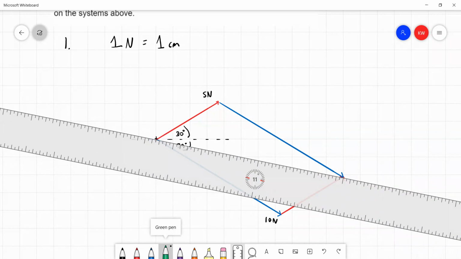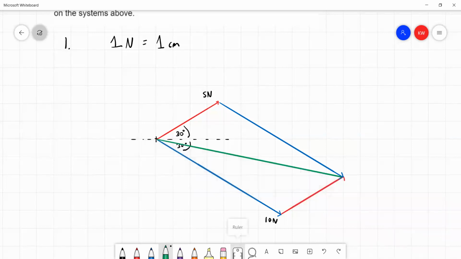So I'm going to draw a line across the screen here, starting at this point. And so this is our resultant, because it is the result of following the red line then the blue line, or the blue line then the red line. Taking those two vectors together would give us this overall effect of this green vector.